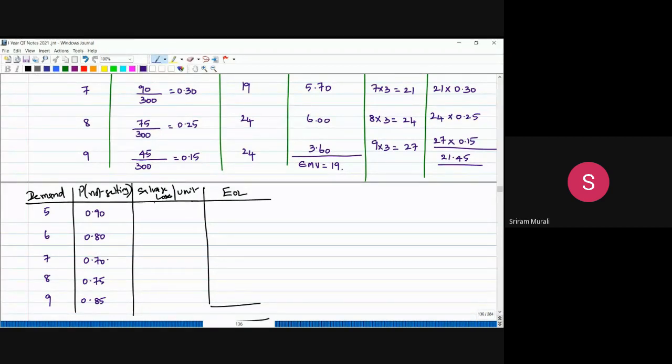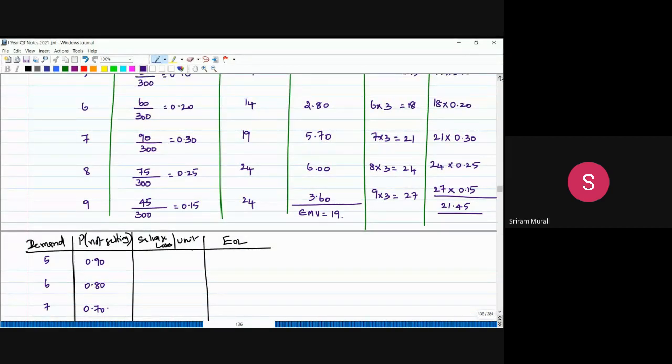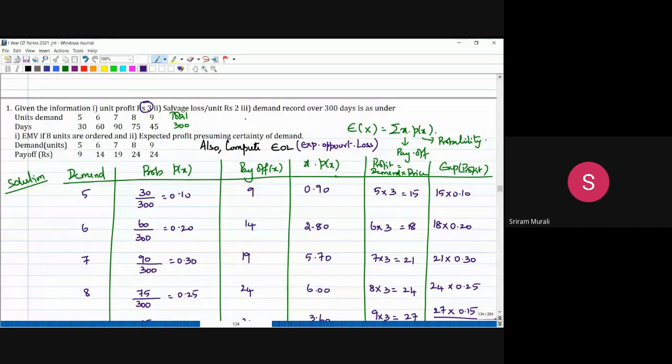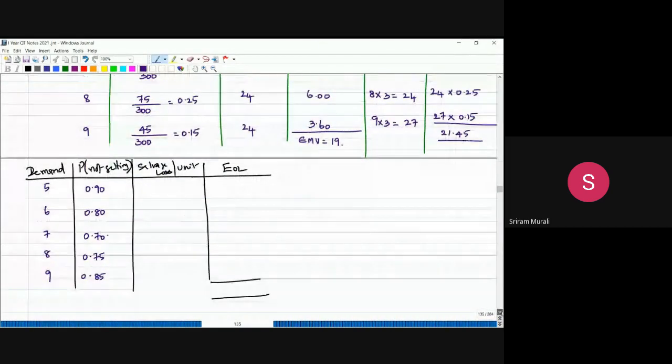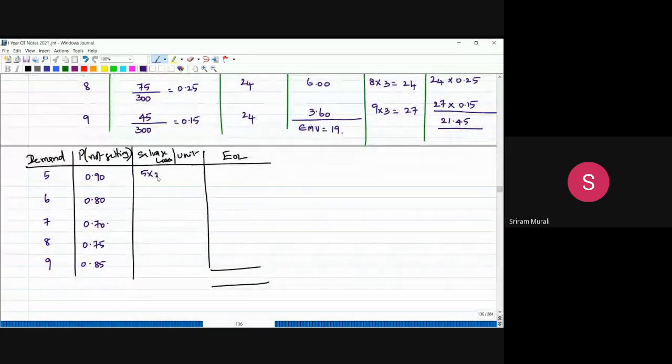Now what is this salvage loss? Salvage loss is 2 rupees per unit if I don't get a demand. So 5 into 2, 6 into 2, 7 into 2, 8 into 2, 9 into 2. If I talk about profit, it is profit into the chance of getting the demand.